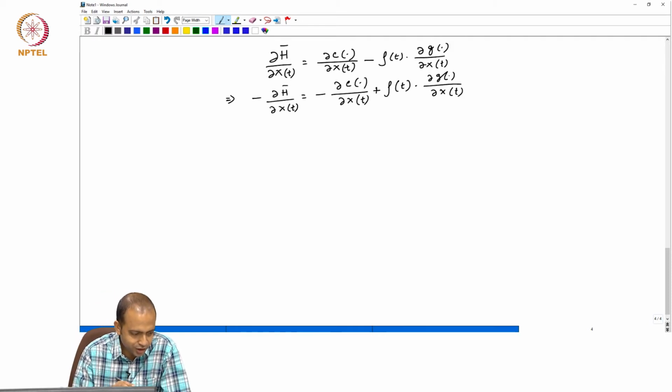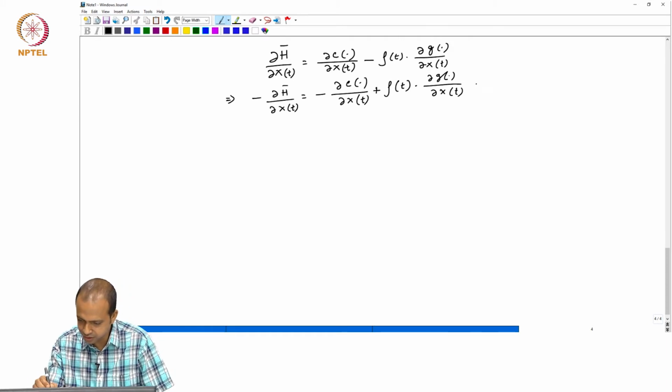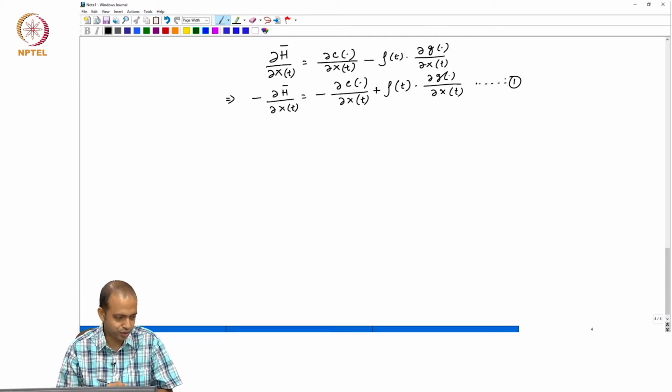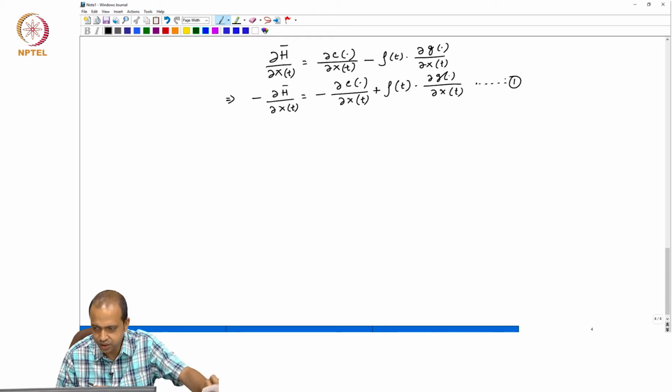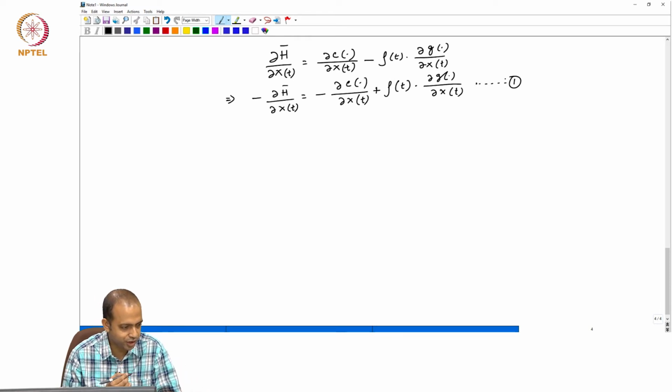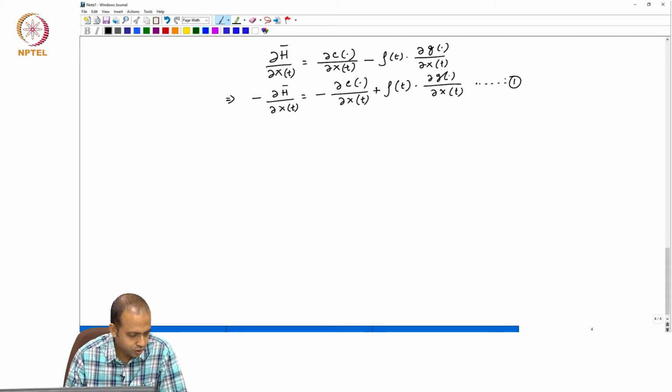Let us say this is equation 1, what we have derived so far.